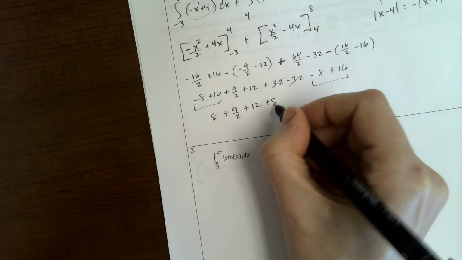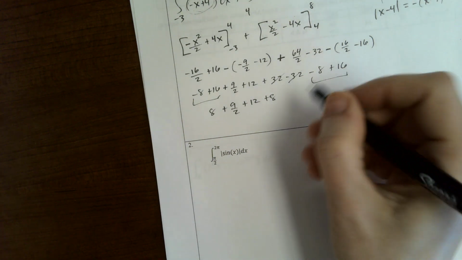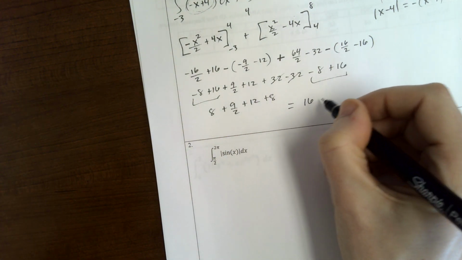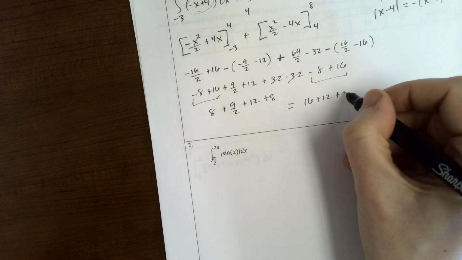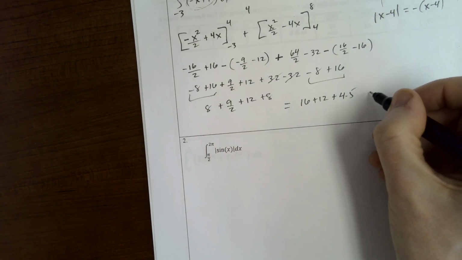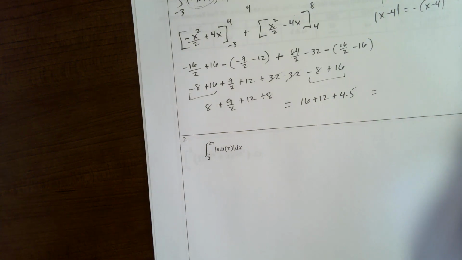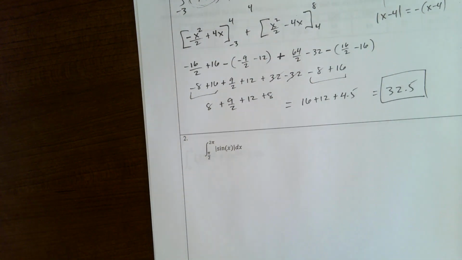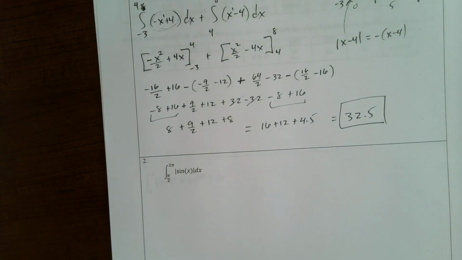Those together is another plus 8. So I got 16 plus 12 plus, I'll just say 4.5. 20, 32.5? 32.5. Okay.